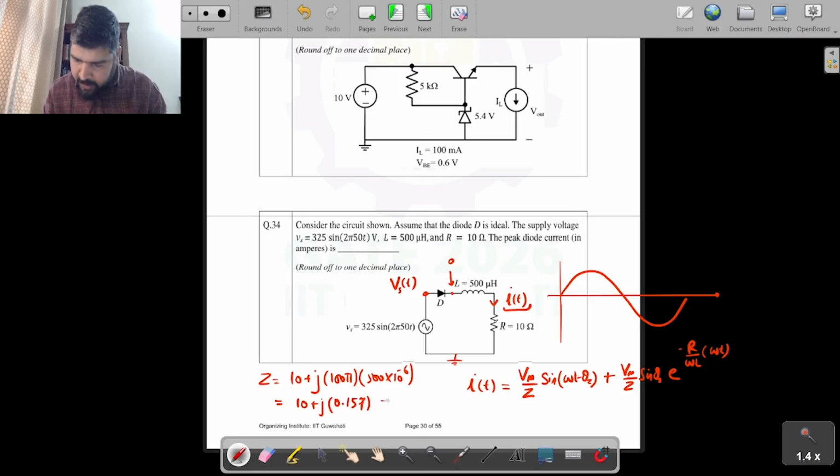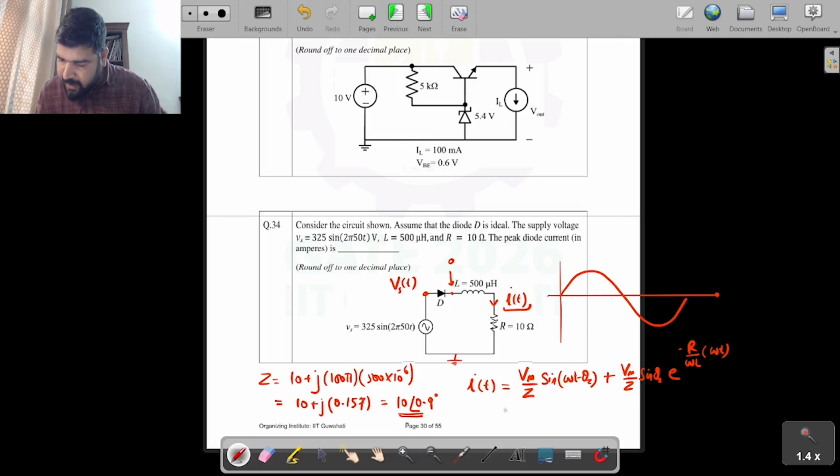Okay. This is Z. So if you convert this into polar form, then it will become almost 10 angle 0.9 degree. So it means the load is almost resistive, because R is much greater than this omega L.